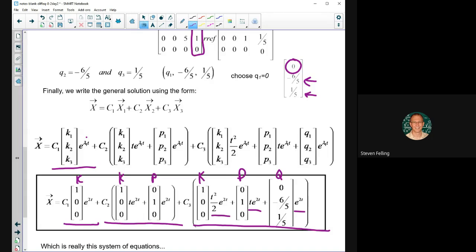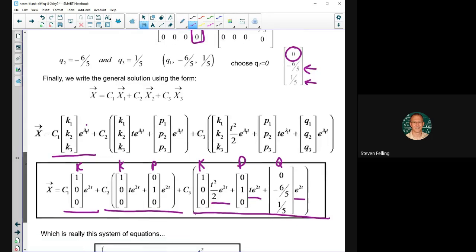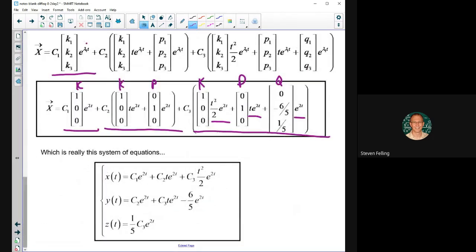Okay? And that's really the solution to this system of differential equations. If you wrote it all out, the first row would be that x is C1 e^(2t) plus C2 t e^(2t) plus C3 t²/2 e^(2t). Then the y equation: there is no C1, because there's a 0 here, and there is a C2 here.